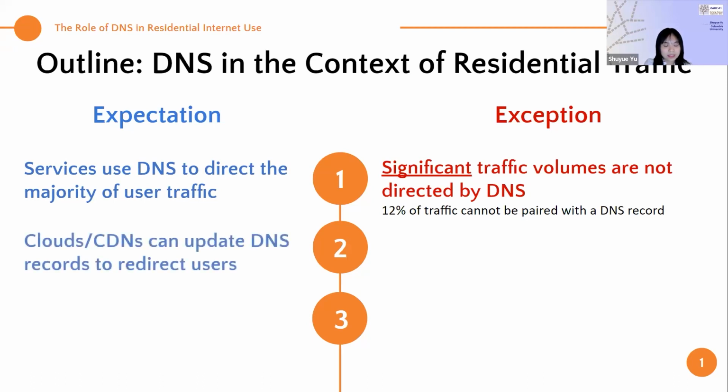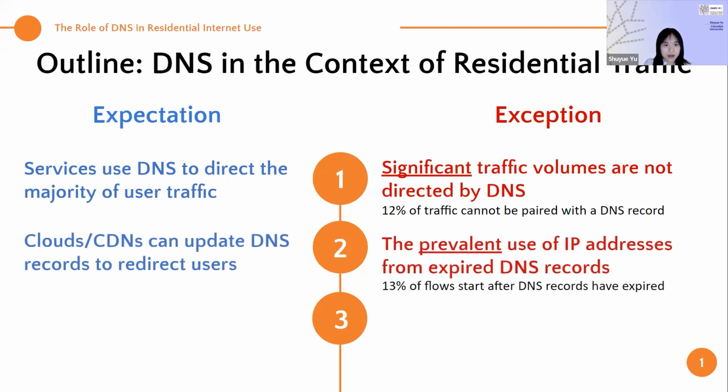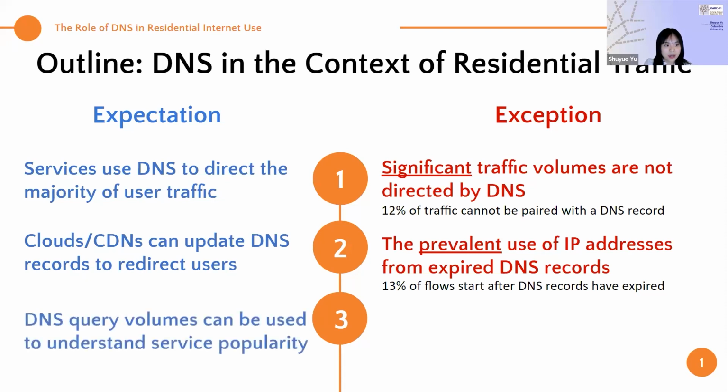We also know that clouds and CDNs can update DNS records to redirect users, but we find that IP addresses from expired DNS records are prevalently used, as 13% of flows start after DNS records have expired. Besides, we also know that DNS query volumes can be used to understand service popularity.